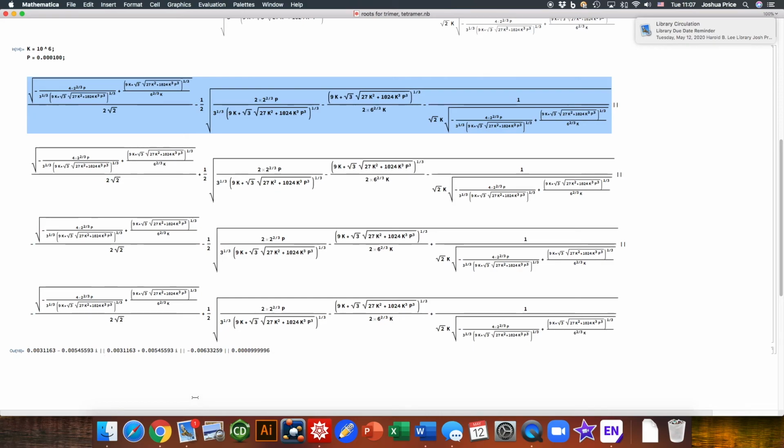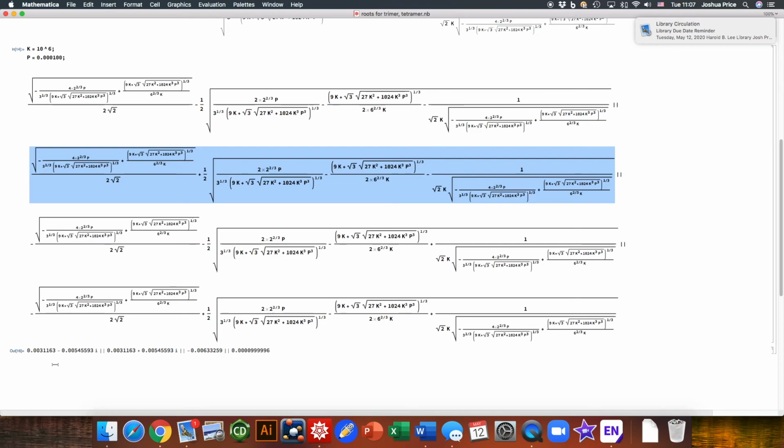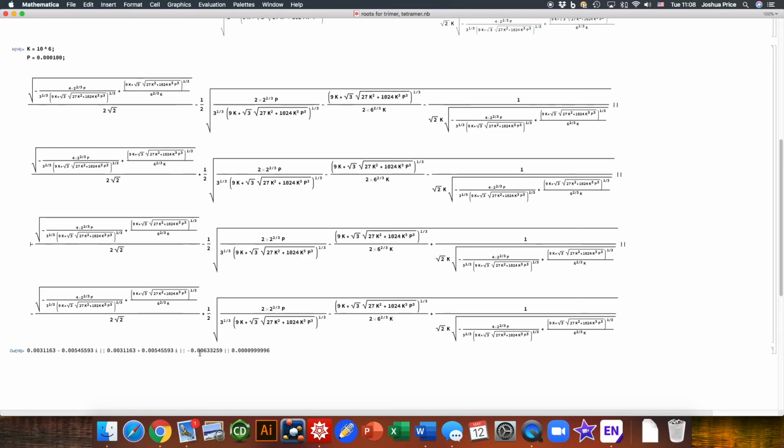The second one also is complex. Actually, it's the complex conjugate of the first one, interestingly. The third root is negative, and it's only the fourth and last root that is positive.